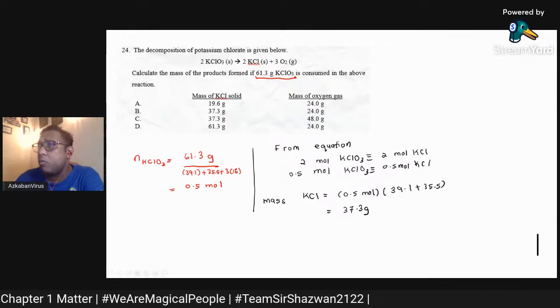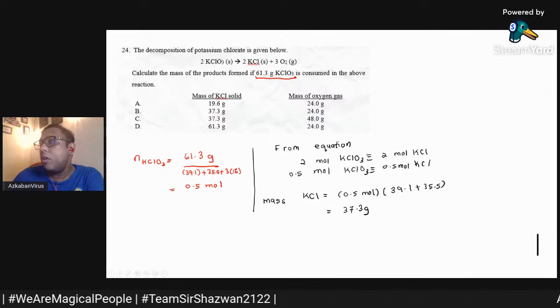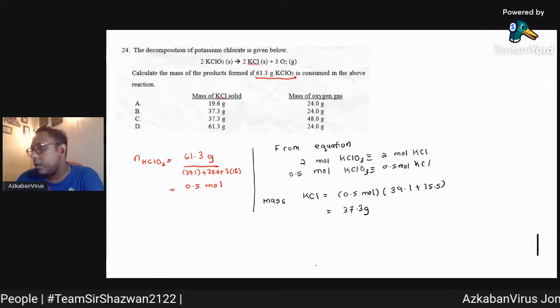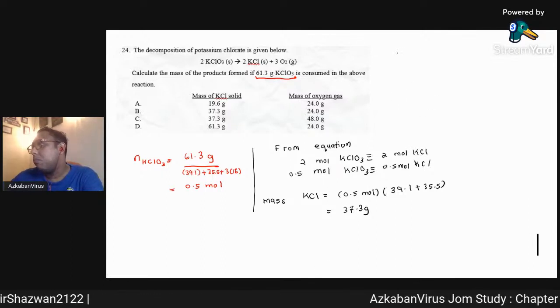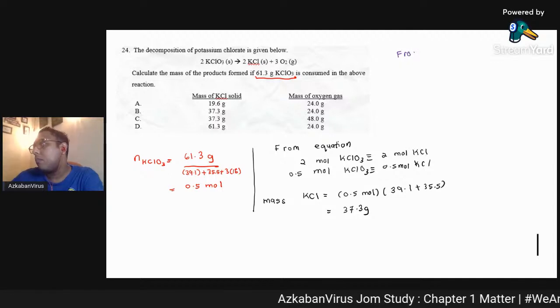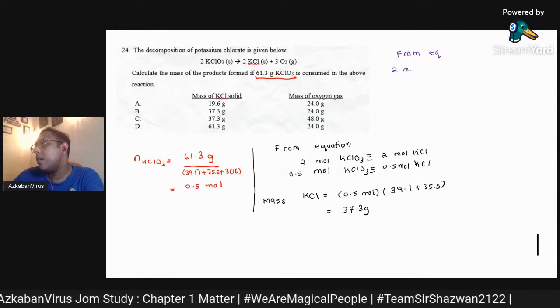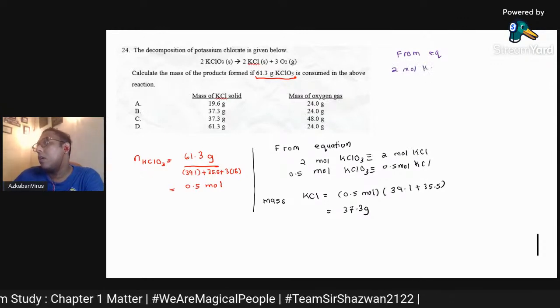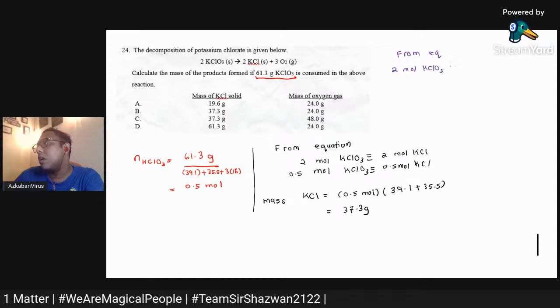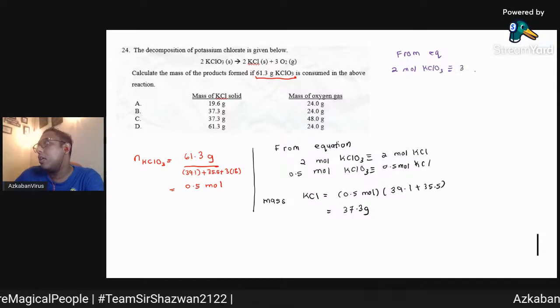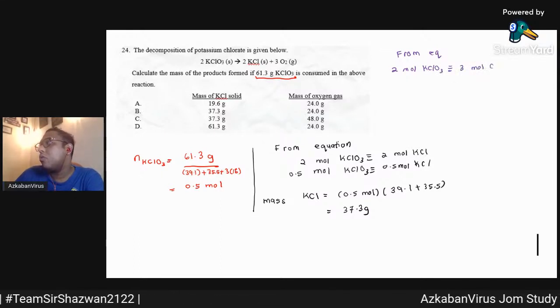Do the same thing untuk O2. We know that from the equation, for every 2 mole of KClO3, dia akan menghasilkan 3 mole of O2.